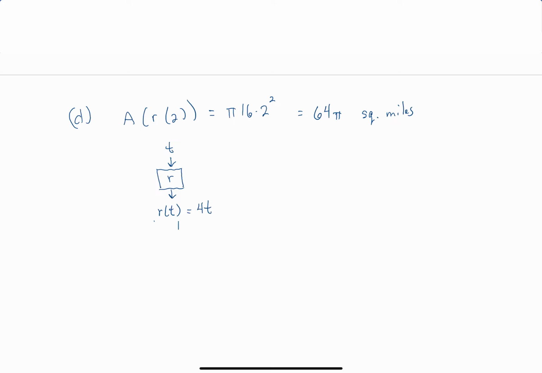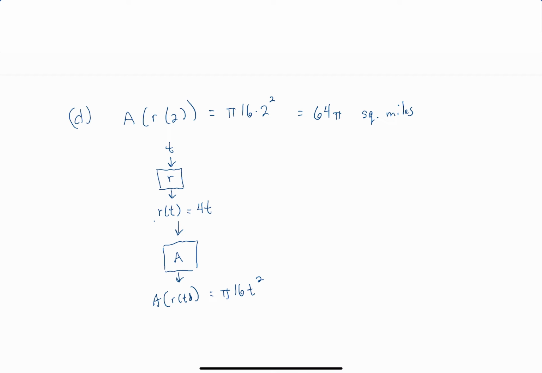And then we use that now as input to our area function. And so what comes out is A of r, or A of r of t, which we said was pi times 16t squared.